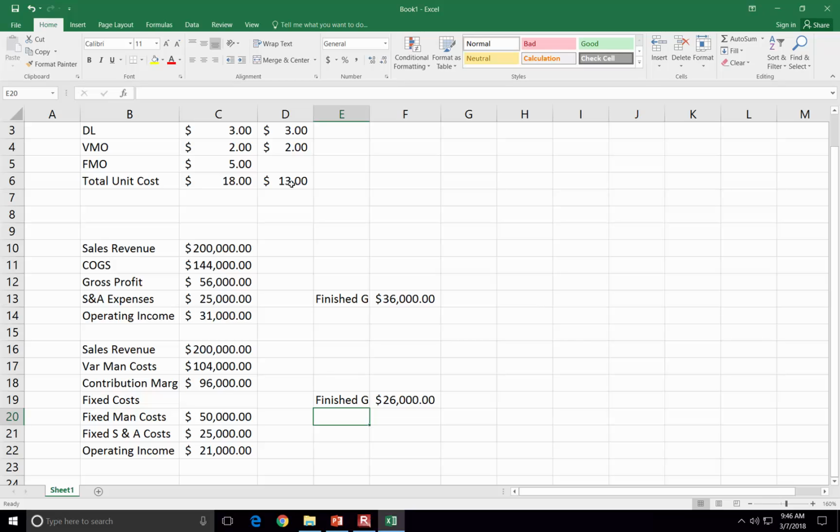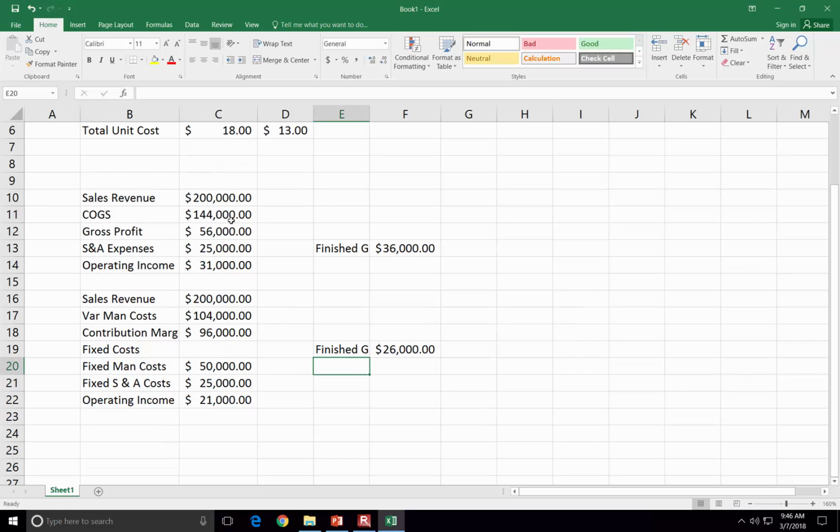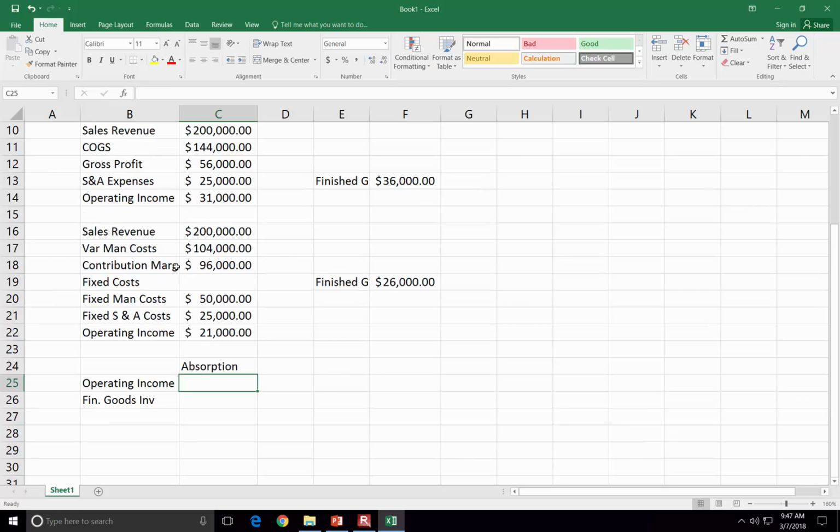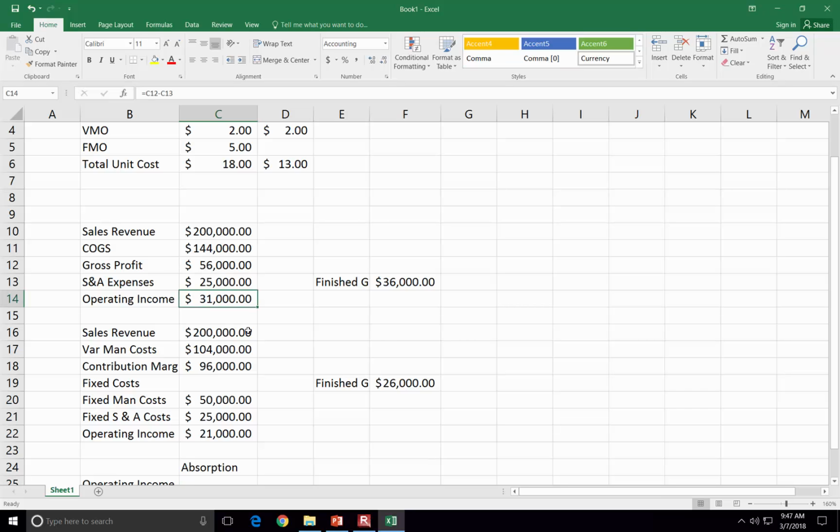Requirement 4, reconcile the difference between the operating incomes and finished goods inventory balances between the two costing methods. Okay. So what I'm going to do is I'm going to say I've got my operating income and my finished goods inventory. So under absorption costing, my operating income was $31,000.